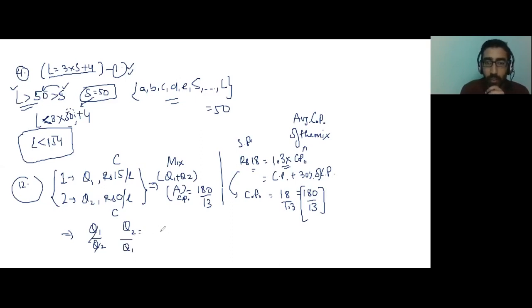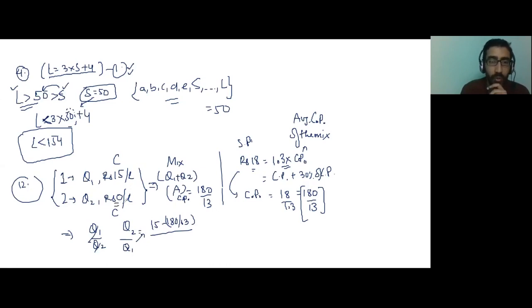Q2 by Q1 is going to be, if you remember, Q1's difference from the average. Q1 is rupees 15, which is more than 180 by 13, of course. So Q1's difference from the average, 15 minus 180 by 13, divided by Q2, the second quantity's difference from the average.